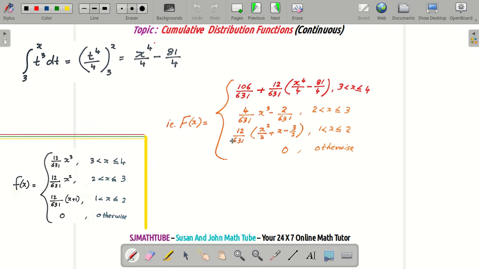Okay, now look at this. Our PDF is not defined, or actually it's defined, the value is given to be 0, but we need a function value after 3.